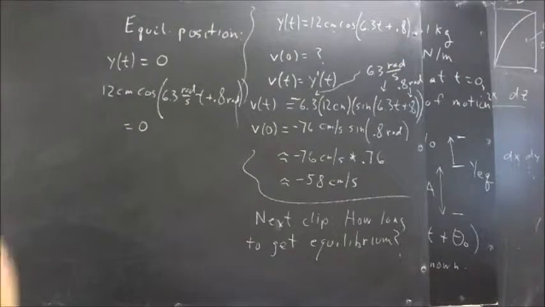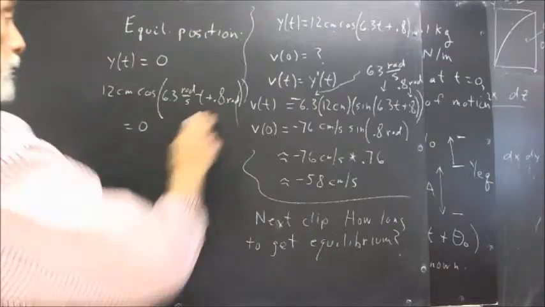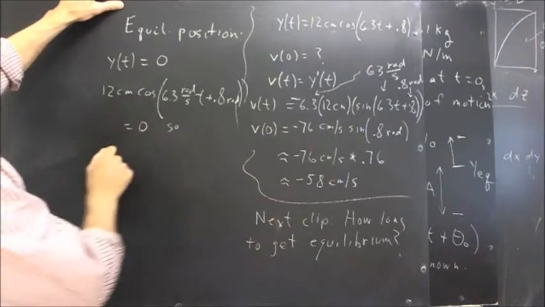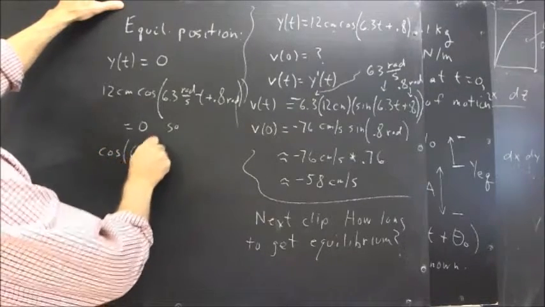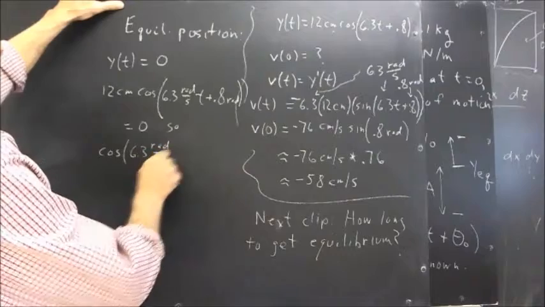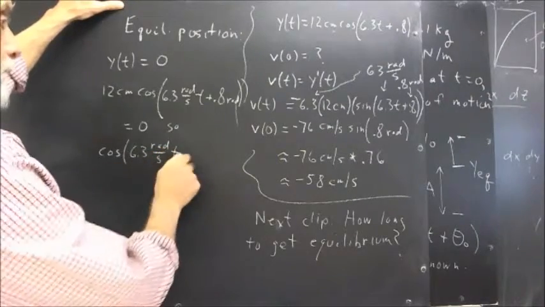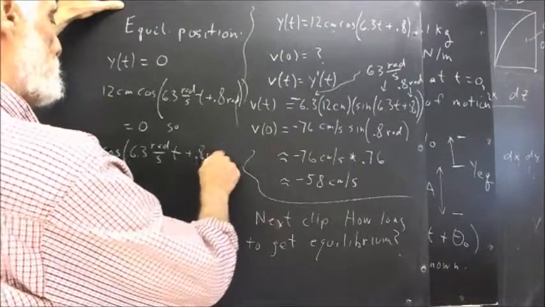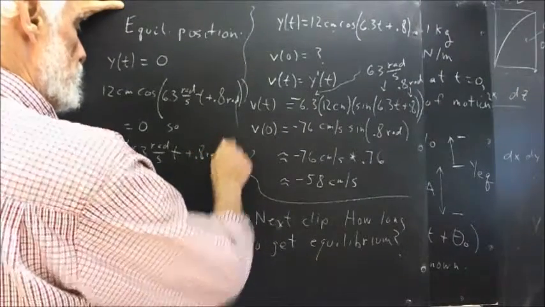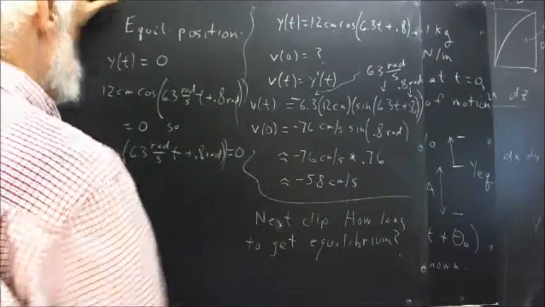0. Well, of course, that implies that the cosine of this 6.3 radians per second times t plus 0.8 radians equals 0.